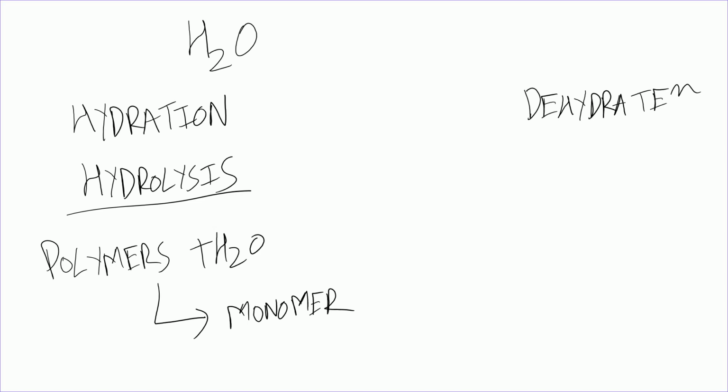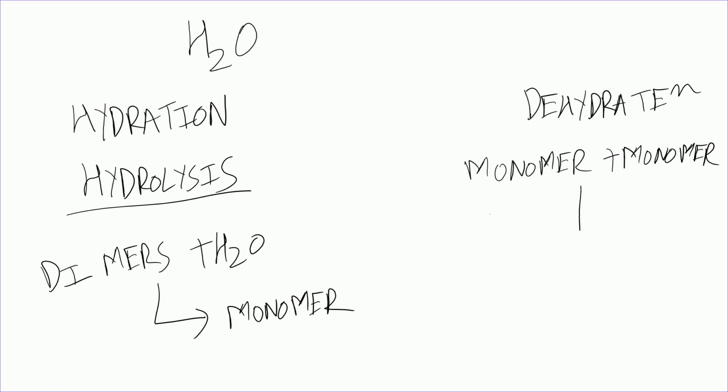On the other hand, dehydration is where the monomers combine, or instead of poly you can say dimers or trimers as well. Monomers combine to form a dimer, but it is because of removal of water molecule.